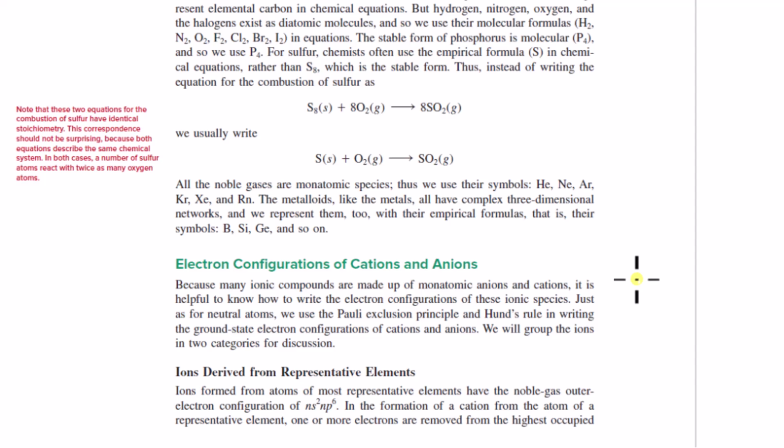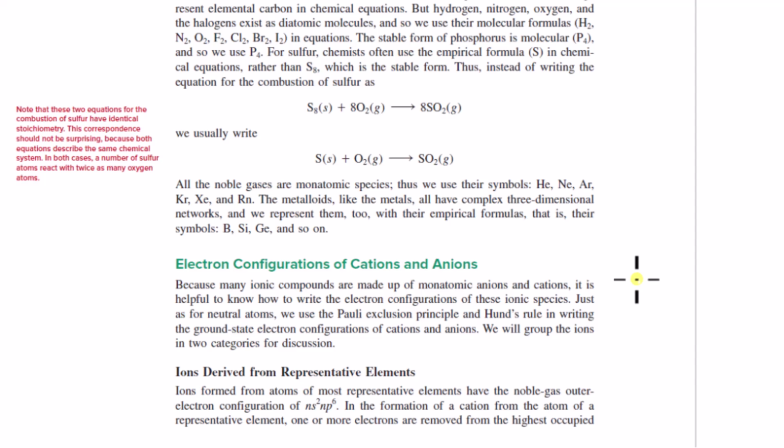So all we've talked about up to this point is the ground state neutral electron configurations of the elements. Even with hydrogen, you could have an excited state of hydrogen. You could have a hydrogen atom with its one electron in the 3p orbital. That would be an excited state.